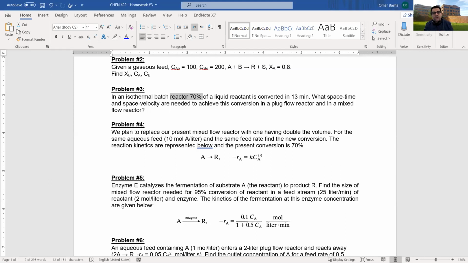Let's try to strategize or see what's the deal with this problem. Okay, so this is number 3, right? So in this case, I'm told I have a batch reactor, it has a liquid species.